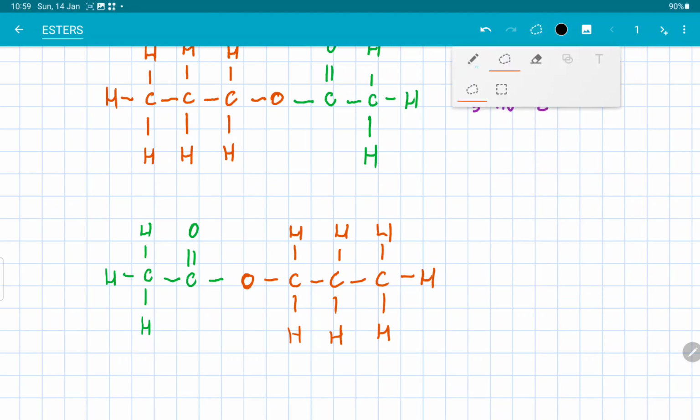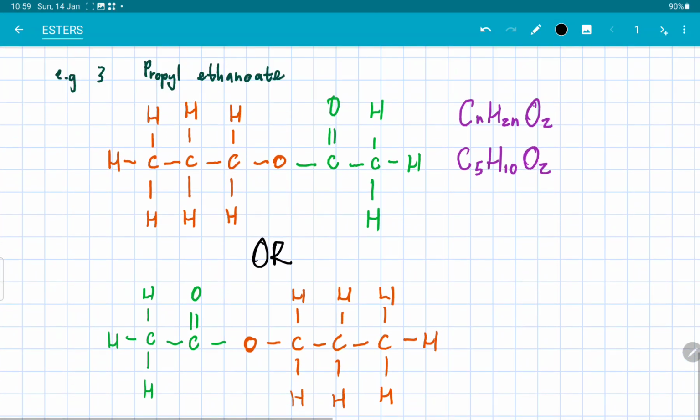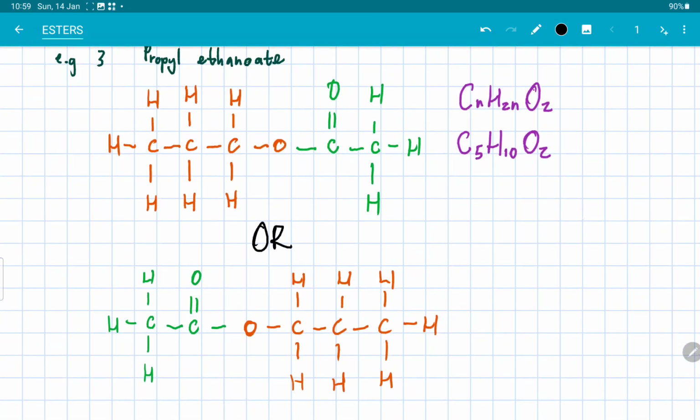So, these are the two ways of drawing the ester, people. Two possible ways of drawing the ester, which is propyl ethanoate.